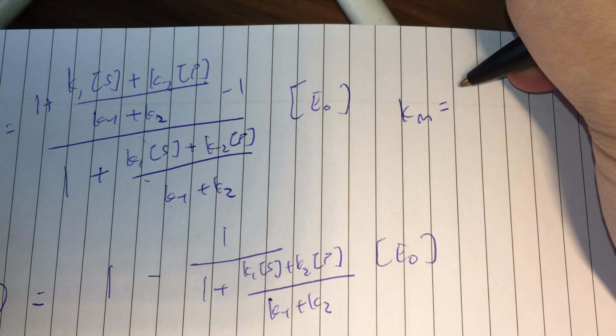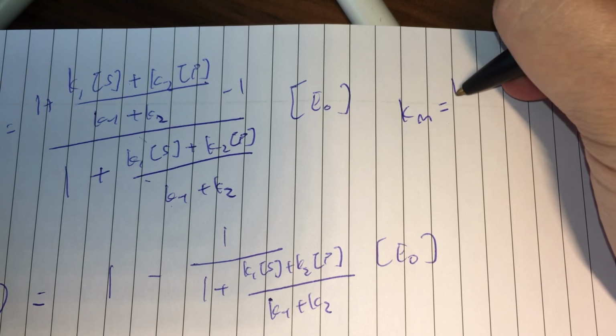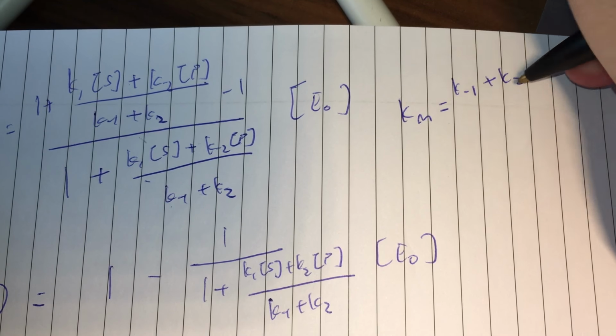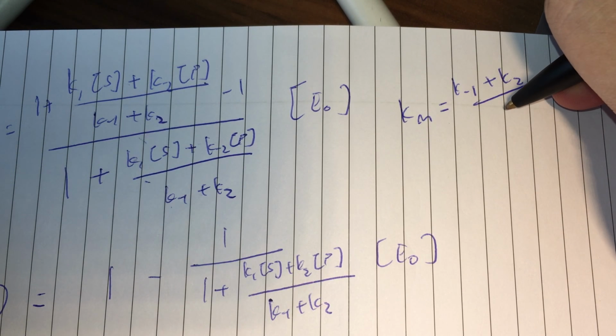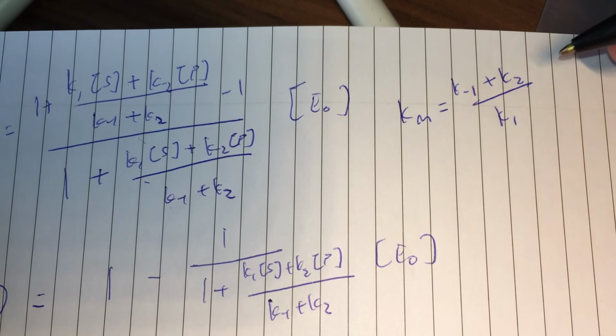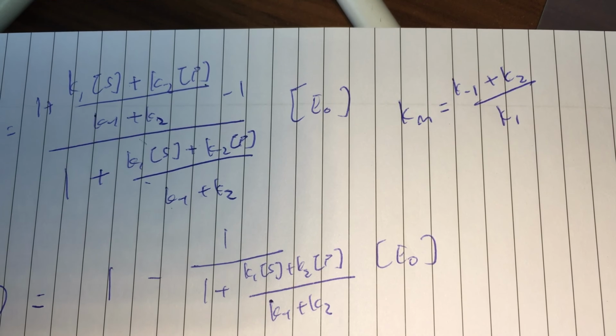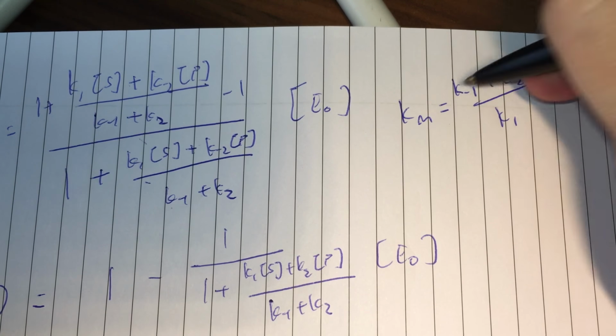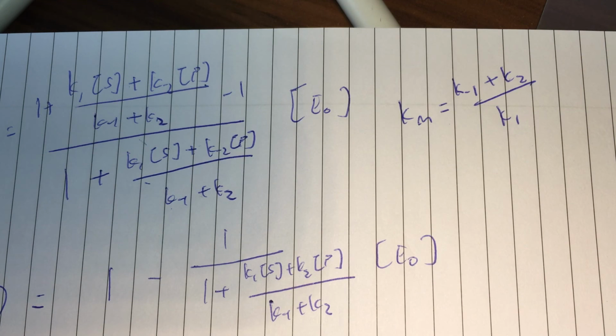So let's take Km. We just have a variable called Km equals (k1 plus k2) over k1. I believe that has to do with the quasi-steady state. I mean, it's mostly to do with the first reaction, the equilibrium.